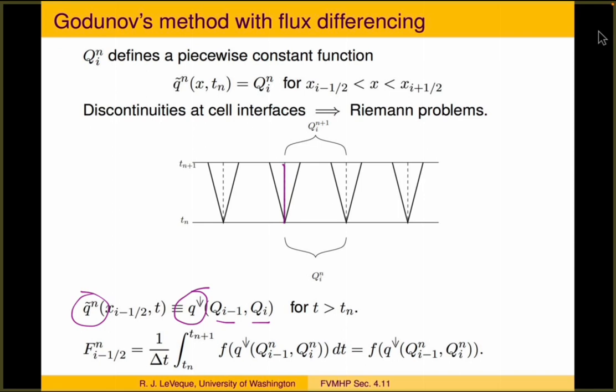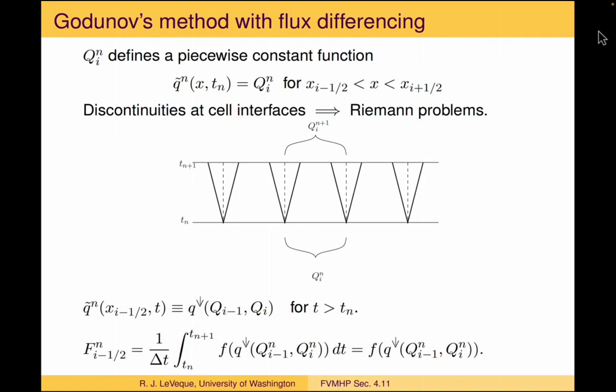And if we can calculate just that one value out of the whole Riemann solution, then we can define an interface flux F by integrating the flux evaluated at that value over time. But since it's constant in time, once we divide by delta t to get an average in time, that simply reduces to the flux evaluated at that one value. So all we need out of the Riemann solution is that one value in order to calculate the fluxes at the edges of the cells.